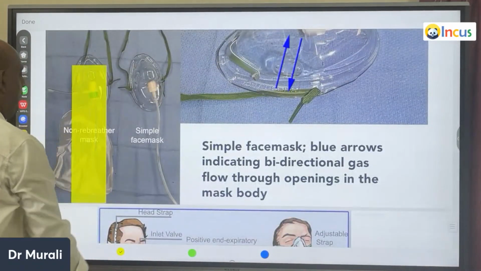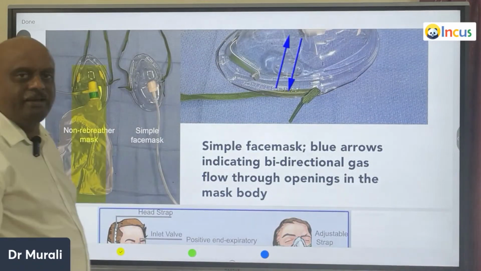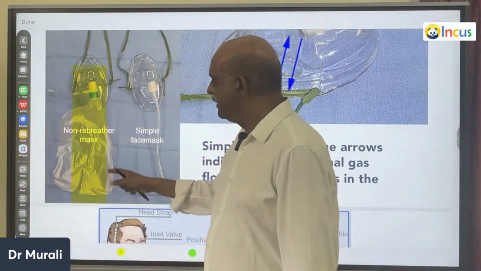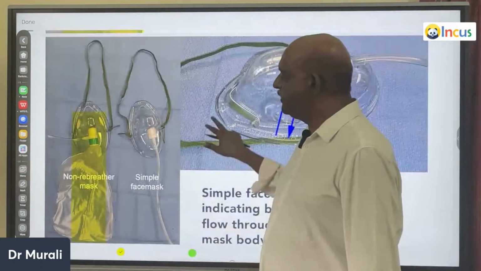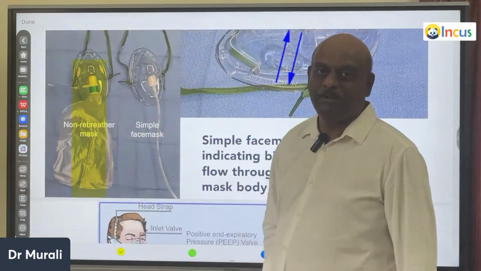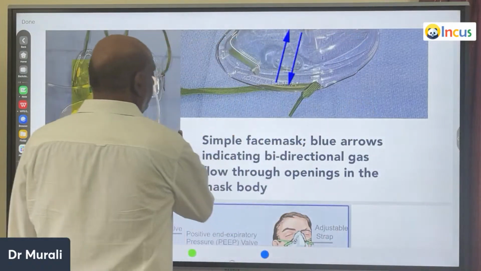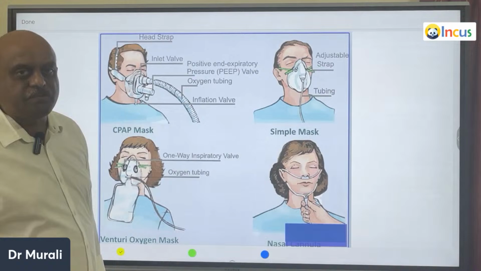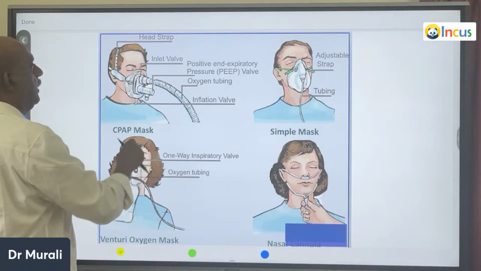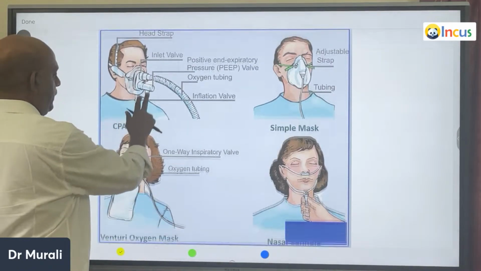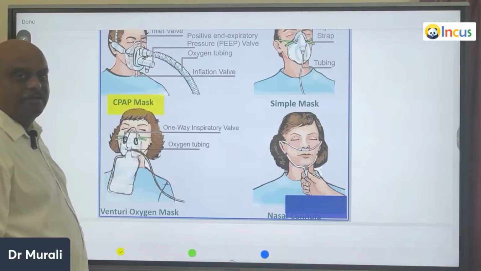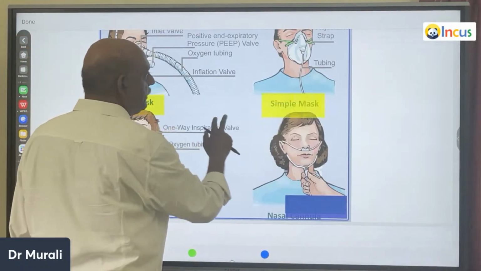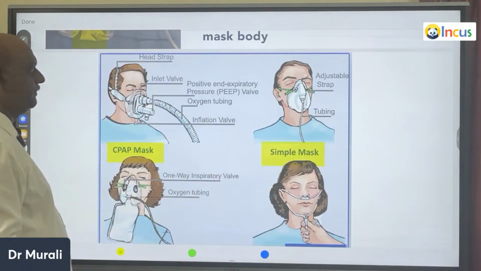So accordingly, you have a non-breather mask or a simple face mask. They are the two types. Okay. So what are the various parts? You have a CPAP mask or a simple mask, nasal mask.